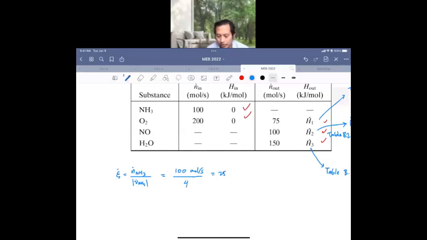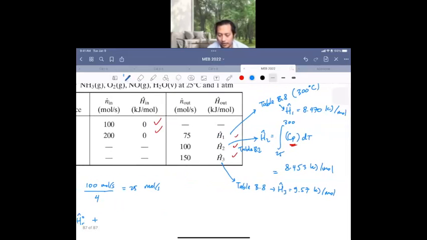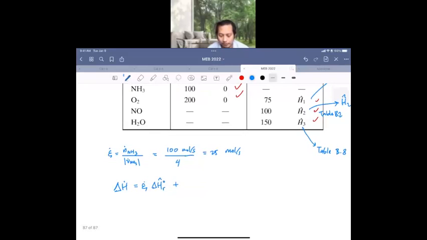So it's 25 mole per second. This is the extent of reaction. And why do we need to look for the extent of reaction? Because we are going to find the delta H that depends on the extent of reactions, multiplied with the delta HR, and then plus all the enthalpies that we found here.